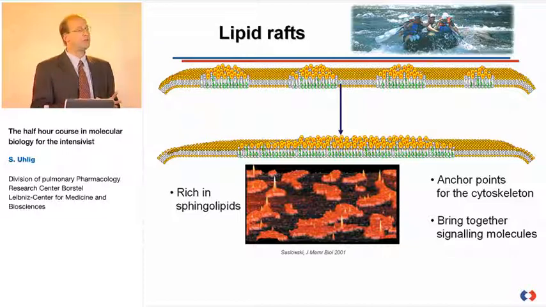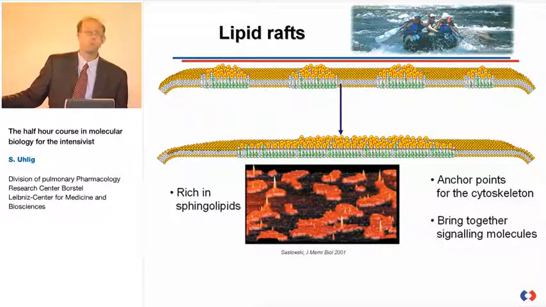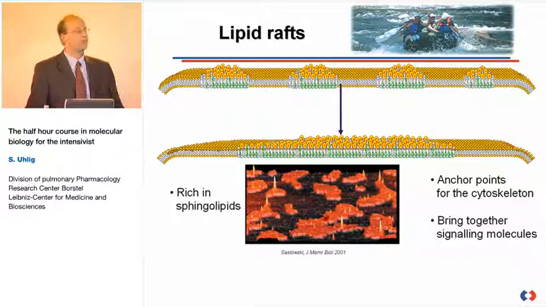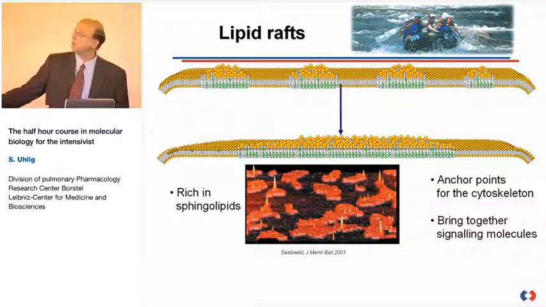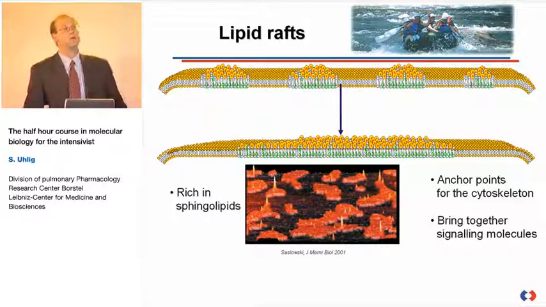And these islands are very rich in sphingolipids like sphingomyelin. Here you see an atomic force microscopic picture of such lipid rafts, however in an artificial membrane. And all those are sphingomyelin patches, so to say, on a phosphatidylcholine background.